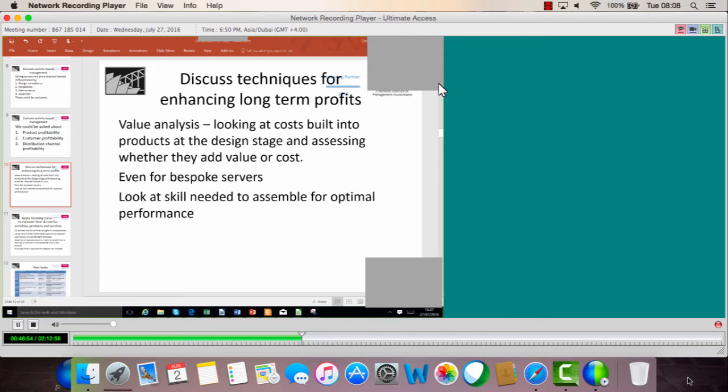And value analysis is all about looking at those costs and trying to bring those costs down so that the end product isn't in any way damaged, and we are still able to sell just as many at the same price, but we are able to produce them at a cost that enables us to generate the required profit.